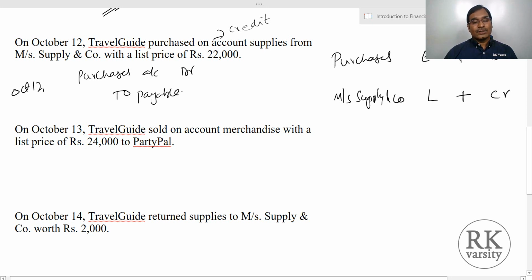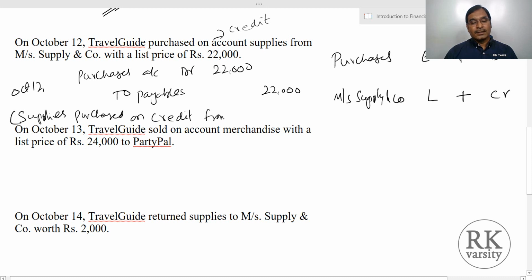So we use the word payables. Now the amount is 22,000, and we write a narration: supplies purchased on credit from Messrs. Supply and Company. So the narration is also done.